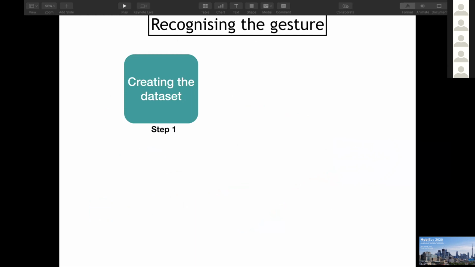Coming to the gesture recognition pipeline, obviously we need to have some data set. For that we took help from 10 volunteers, and we captured 300 entries for each gesture. Those data set entries were made using potentiometer readings, IMU values, and obviously the label of that gesture.